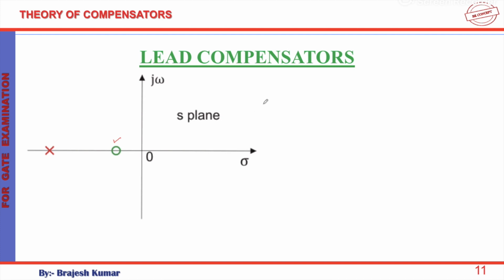So our overall transfer function of this particular compensator becomes something like Gc(s) is equal to (s plus zc) divided by (s plus pc), where we say that this is basically at minus zc as a zero, and this is basically minus pc, which is a pole.